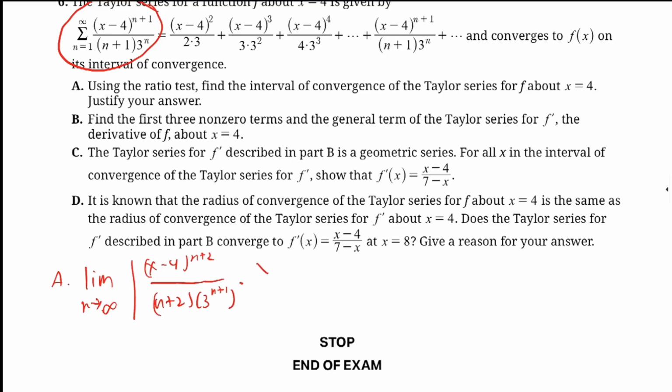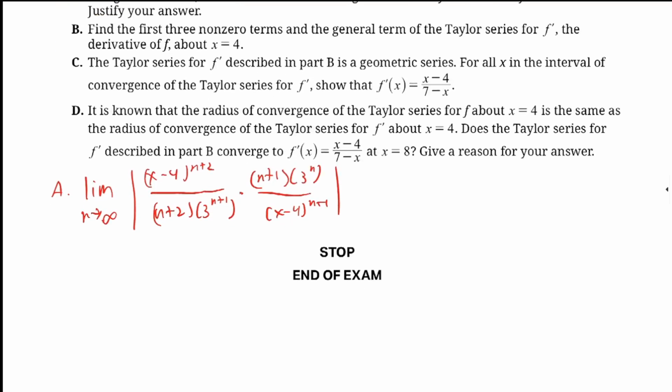So it'll be n plus 1 times 3 to the n over (x minus 4) to the n plus 1. Okay, so we're going to find this limit. This is the same thing as the limit as n goes to infinity of x minus 4 times n plus 1 over 3 times n plus 2.